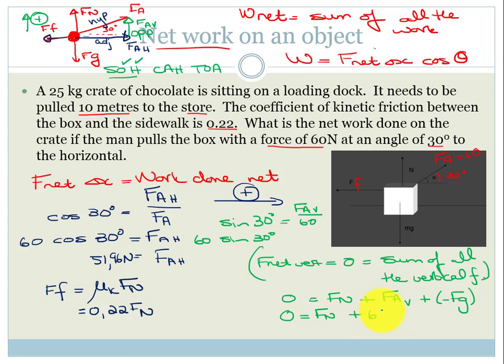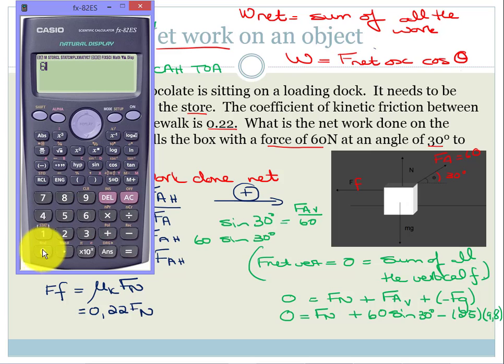That's 60 sine 30 degrees minus Fg, which is just mass times acceleration due to gravity. So that is the mass of 25 times 9.8. Right, so let's get out our calculator and work out what all that equals.